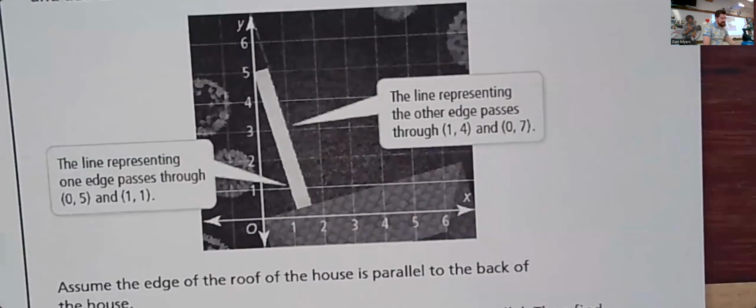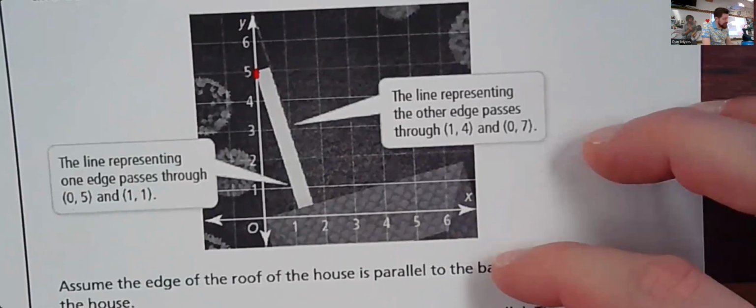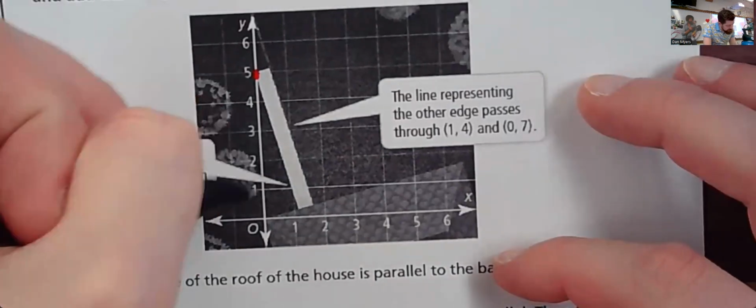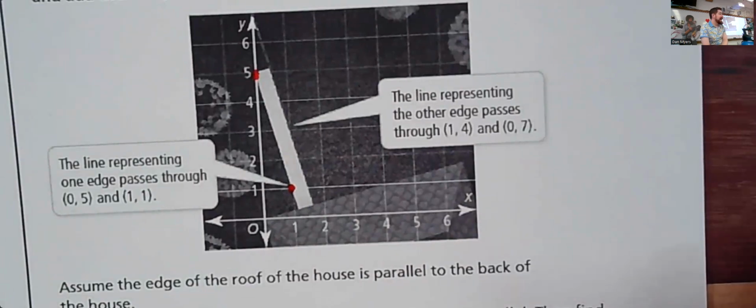And that's for the walkway. So I'm going to go ahead and highlight those here. The point (0, 5), that's this one right here. And then the point (1, 1) is right here. So from that, we can figure out the slope of the walkway.